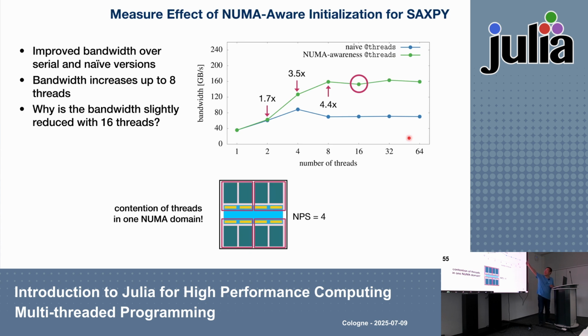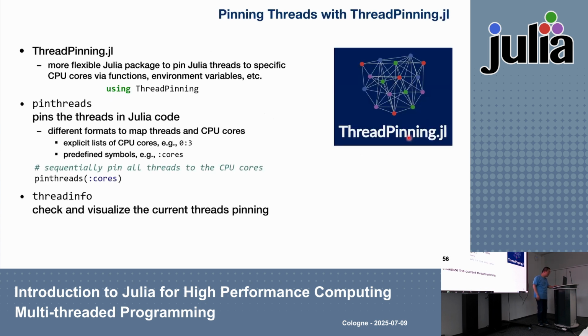And yeah, this is a deeper question for computer scientists: why there is a small drop of the performance with 16 CPU threads, because of the contention for the so-called NUMA domains. But this is very picky for the very last bandwidth measurement. You can forget it. And because of time reasons, I would like to skip those thread pinning packages.